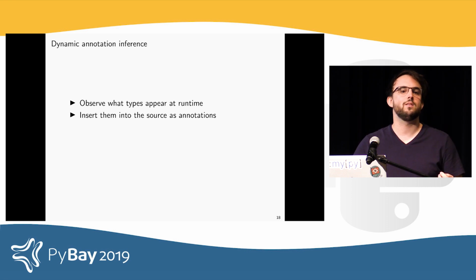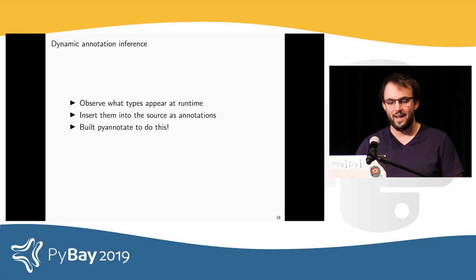And Python, since it's dynamically typed, carries all these types around at runtime. So you can maybe instrument your code to look at what types actually get passed to a function, right? If a function gets passed an int, then maybe the type of that argument is int. So we built a tool called pyAnnotate that observes the types at runtime of what gets passed to functions and then inserts them into the source as annotations.